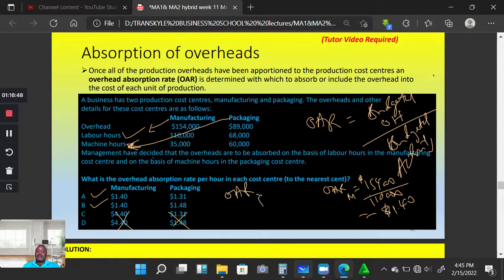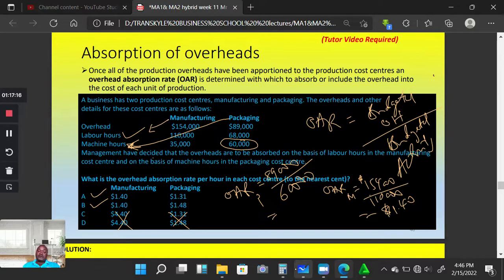OAR P is equal to budgeted overhead, that's $89,000, divided by, we are basing on machine hours, and the machine hours for the packaging department is 60,000.